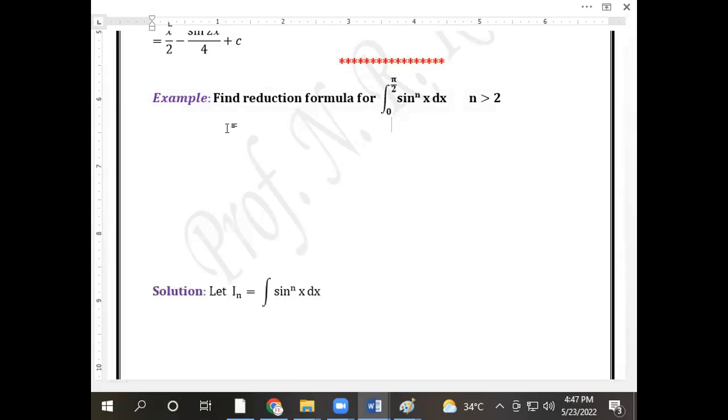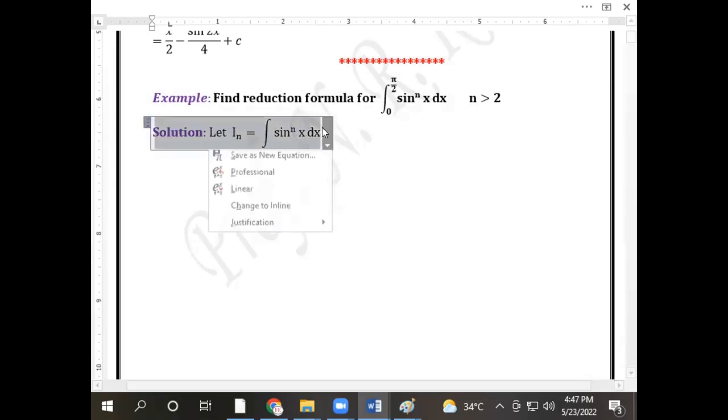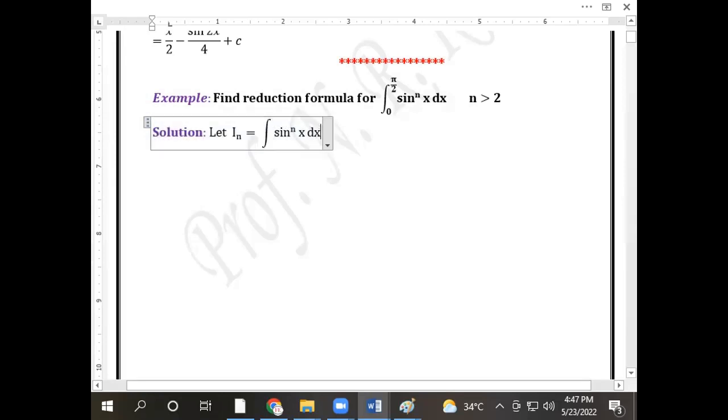We observe here that the index of sin is n, so we denote this integration as I suffix n, because the index of the sin function is n. So I n is the integration of sin raised to n x dx. Suppose I change the index, say instead of n it is 8.